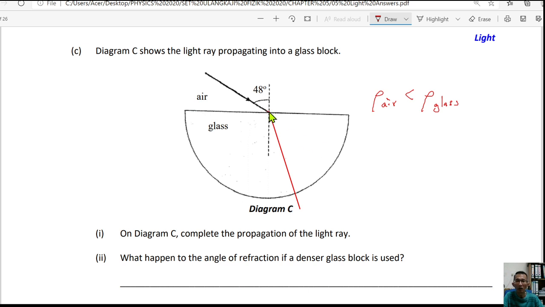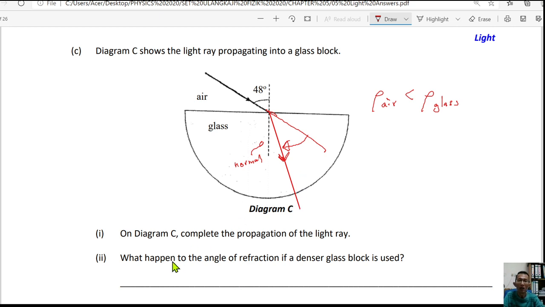Instead of it's supposed to go straight, right? But since it is entering a more dense area, it must be refracted towards my normal. So here is our normal. Okay, so you must draw a line that is closer to the normal. So here is my refracted ray.